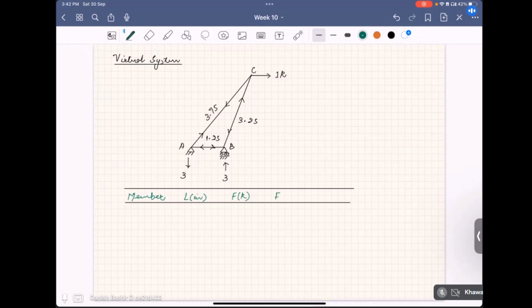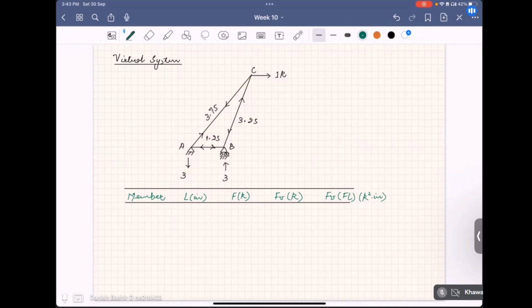What is the virtual member force developed in them, that is denoted by FV, you already know that. And we have to compute this product, FV times FL. I will tell you why we have to compute this product, because we have to use it in the formula. So its units are kilopound square times inch. So units are important.